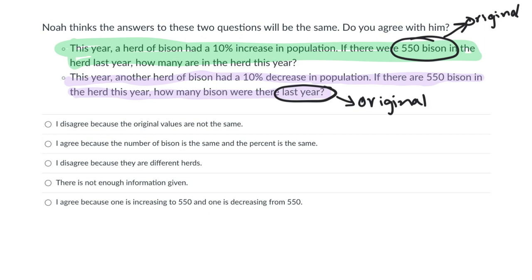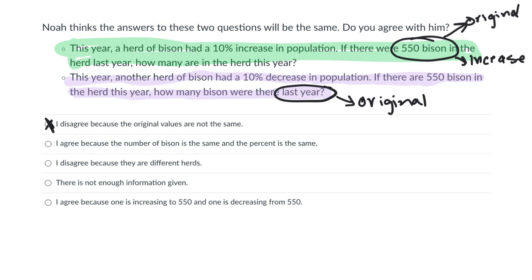And last year, to get from this one to what we had this year, it's a decrease. So it's not really working out. Our original values are going to be different. A 10% increase to 550 is different than a 10% decrease to get to 550. So both of those do not work out. You should disagree because the original values are not the same.